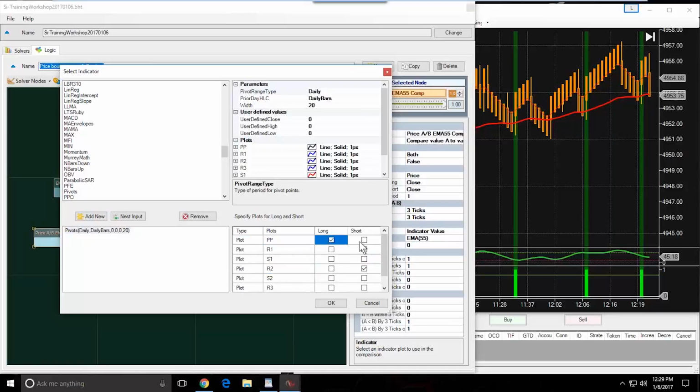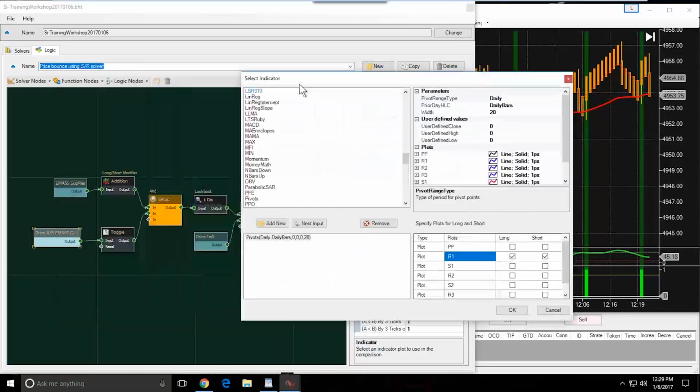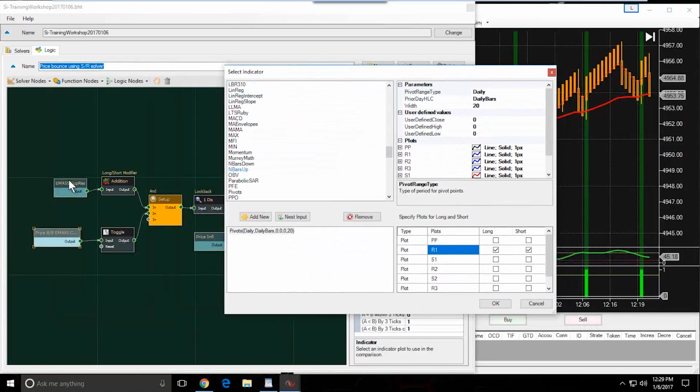So if I have the PP plot selected, I can't select the R1 and the PP at the same time. So all solvers can only analyze one plot at a time, whereas the support resistance solver is the one solver that can analyze multiple plot lines at the same time.